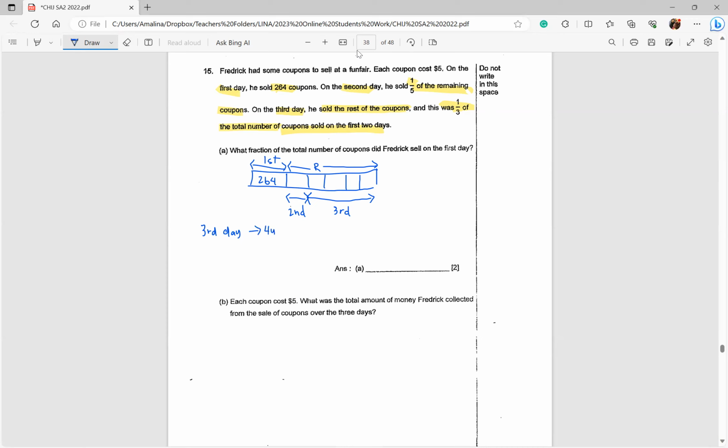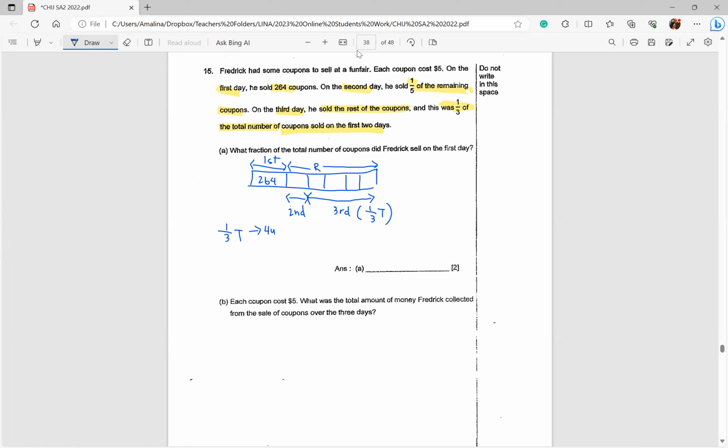So I can find my first and second day, because third day is 1/3 of my total. Maybe I put 1/3 over here instead. So 1/3 total is 4 units.